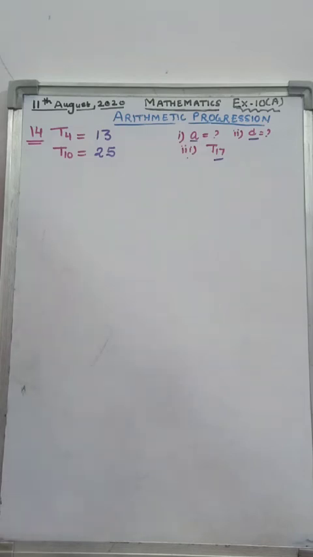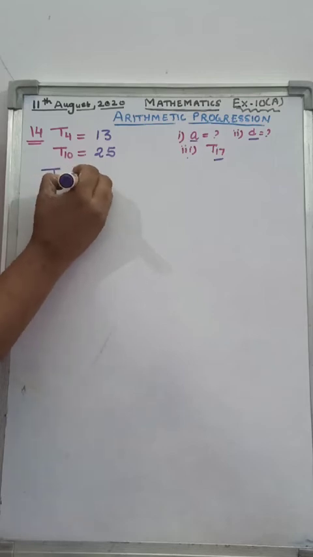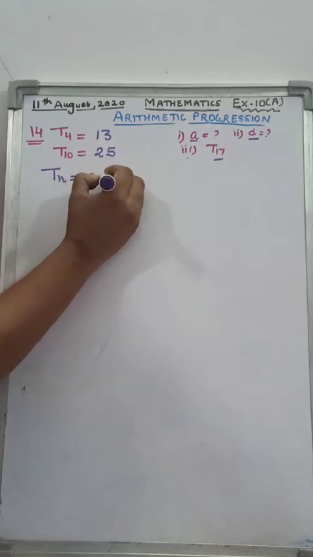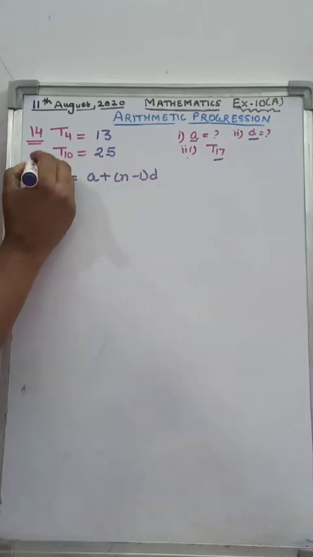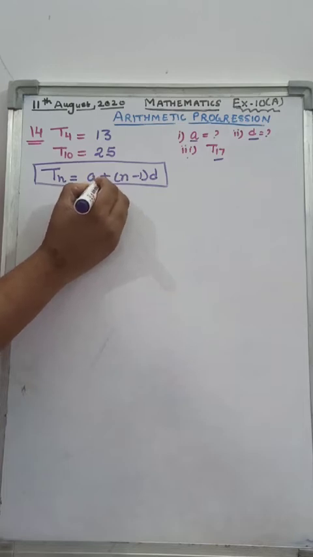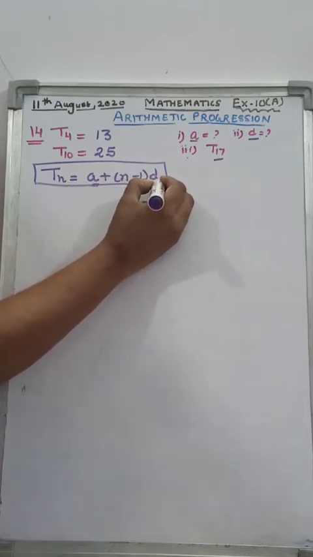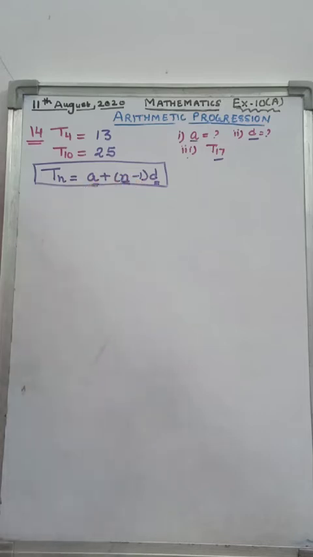Now let's do the question. We know the general formula: Tn is A plus (n minus 1) multiplied by D. A is your first term, D is your common difference, n means number of terms.